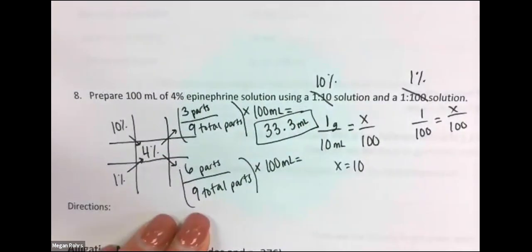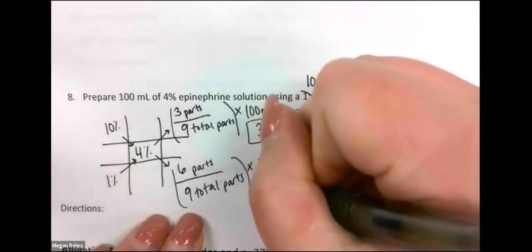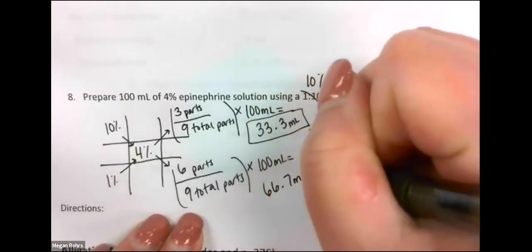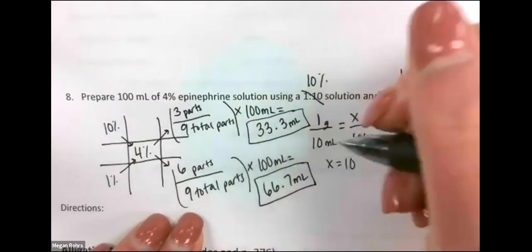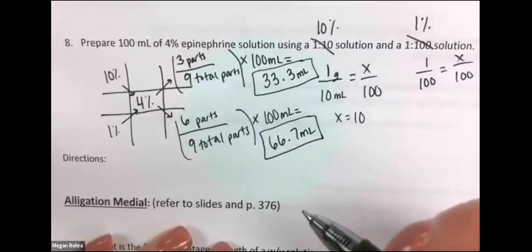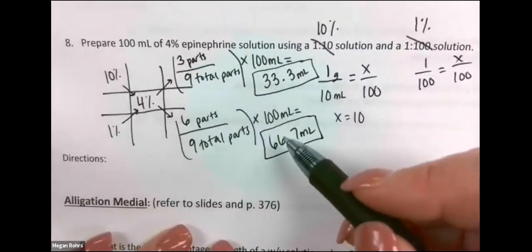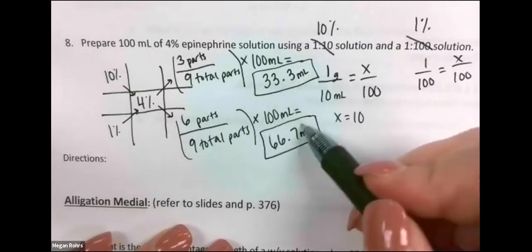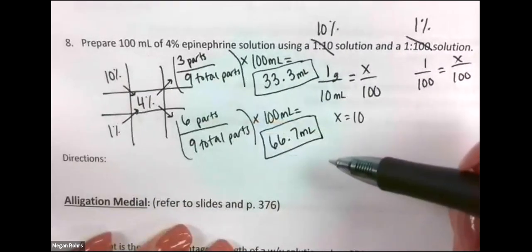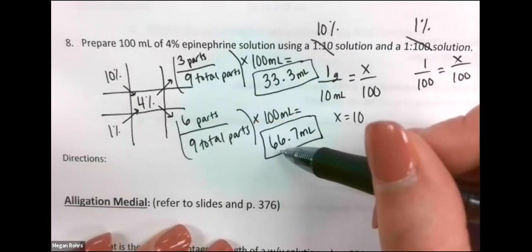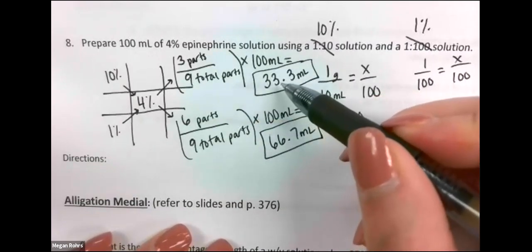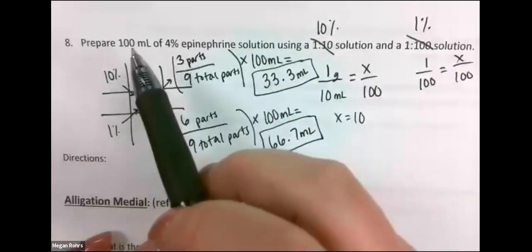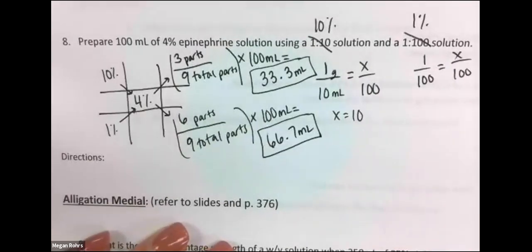And then the same thing here. 6 divided by 9 times 100 gives me roughly 66.7 mils here. Now, how do I see if these are correct? Well, they need to add up to equal our total volume. 66.7 plus 33.3 does equal 100, so I know I'm on the right track.